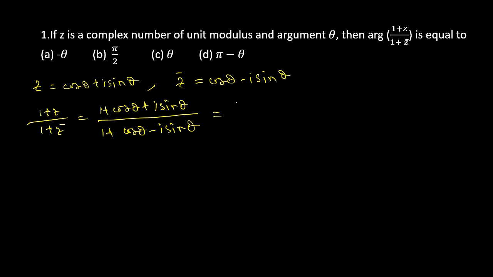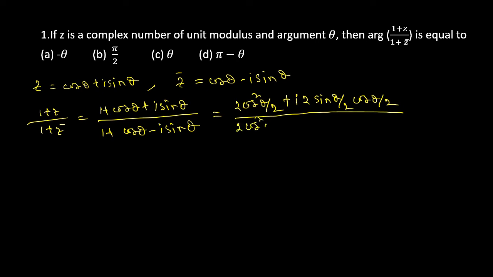Now we can write 1 + cos theta as 2 cos square theta by 2, and sin theta as 2 sin theta by 2 cos theta by 2. Similarly, 1 + cos theta is 2 cos square theta by 2, minus i sin theta, meaning 2 sin theta by 2 cos theta by 2.